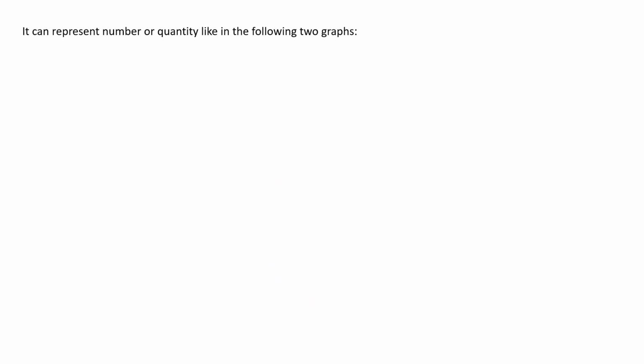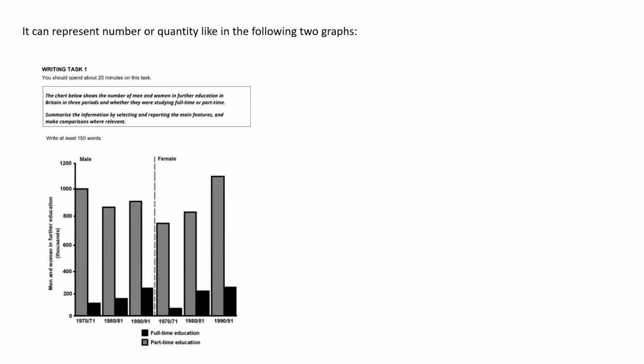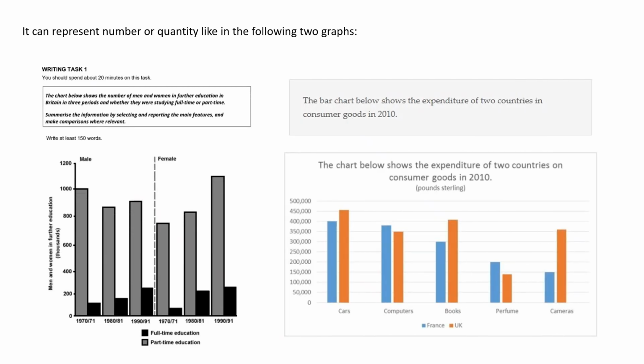It can be in numbers or quantity. So the graph basically can represent some sort of a number or quantity, as in these two examples you can see there. Both are bar graphs, and one basically shows the number of men and women in further education on the left.